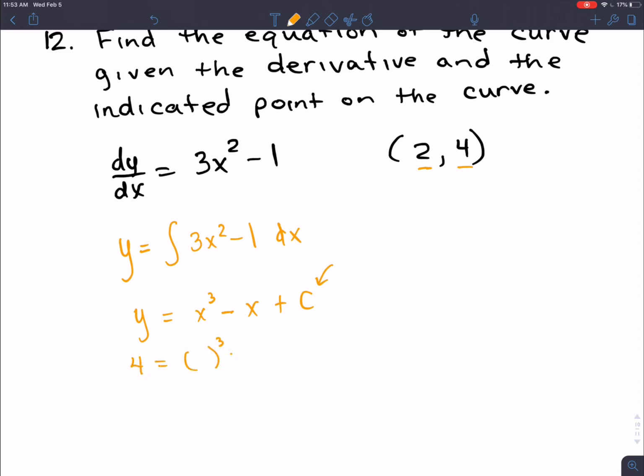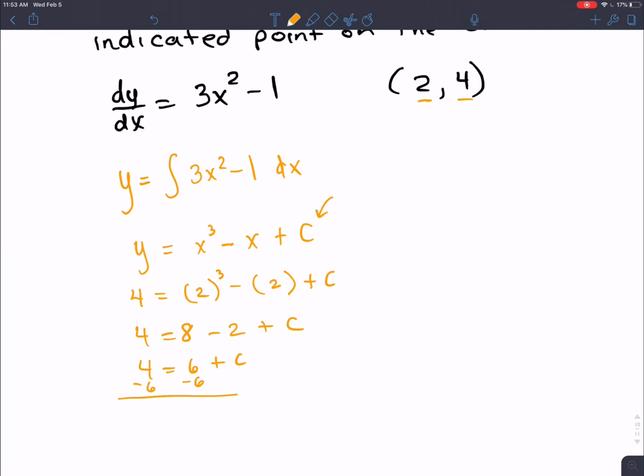Let me plug in my values. X is 2. 4 is equal to 8 minus 2 plus a constant. We can figure out c. Negative 2 is equal to c, so we can go back and write our original function by plugging in our c there. So y is equal to x cubed minus x minus 2.